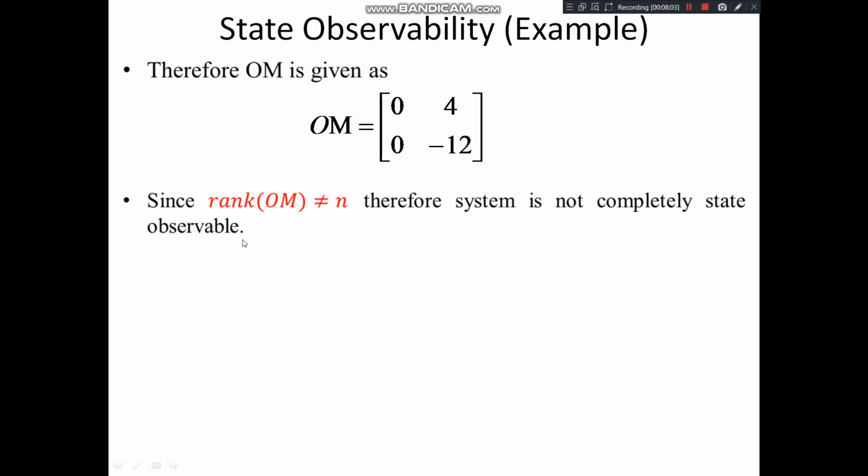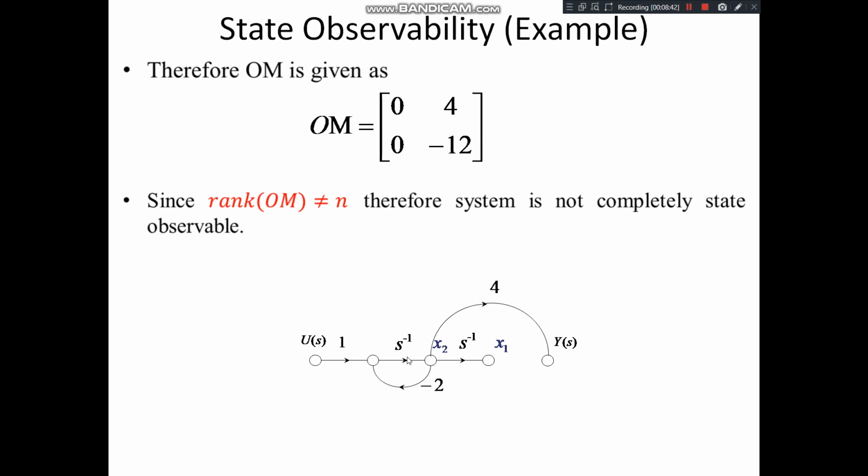For this particular system, it is not completely observable as one of the columns is having 0 value, and the other has 4 and minus 8, so one can say it is a linearly dependent matrix in mathematical language. But for our understanding, when we calculate the rank of this matrix, the determinant of this matrix will be 0, which indicates that the rank is not equal to 2, therefore the system is not completely state observable.